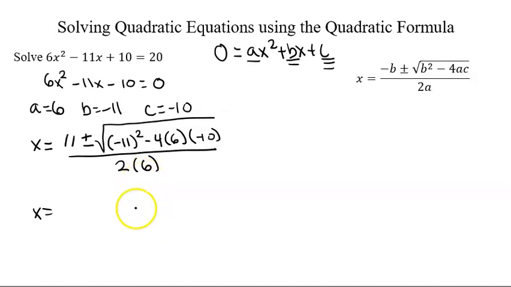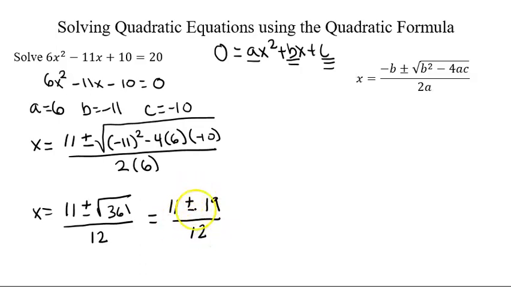And I get 361. So I get 11 plus or minus the square root of 361 over 2 times 6, which is 12. Now I wonder, is 361 a perfect square? And it turns out that is a perfect square. The square root of 361 is 19.